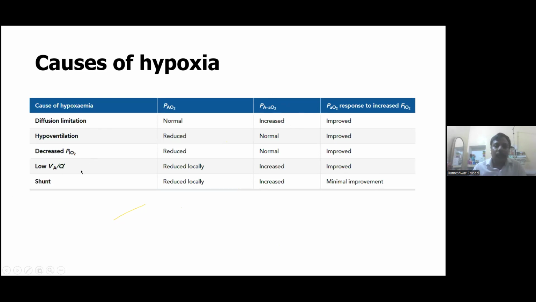In low ventilation perfusion cases or shunt, alveolar oxygen is not getting diffused into the pulmonary arteries, so again there will be an increase in this difference. So this alveolar-arterial oxygen partial pressure difference will help you identify the underlying cause of low oxygen tension due to pulmonary causes.